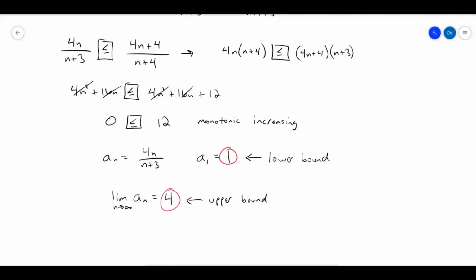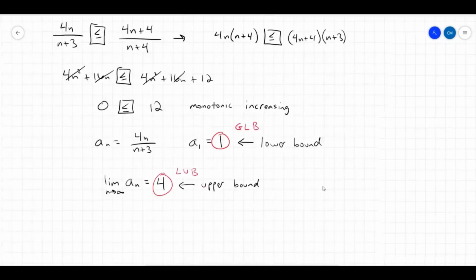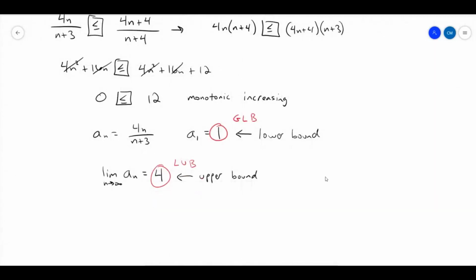And so this notion of what's called greatest lower bound, you would even see if you take an analysis class, you would be seeing that abbreviation quite a bit. And least upper bound. These are important notions if you're going to go on and take a proofs class or stuff like that. Greatest lower bound, least upper bound. For the purposes of us, we don't really care though. All we need to know is that it's bounded.